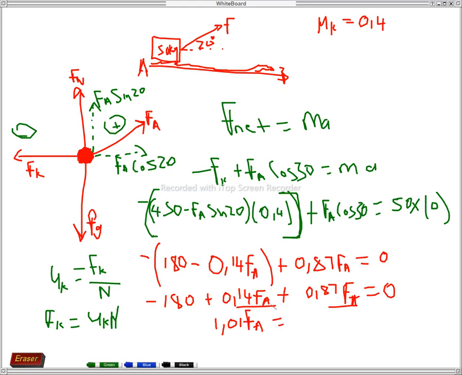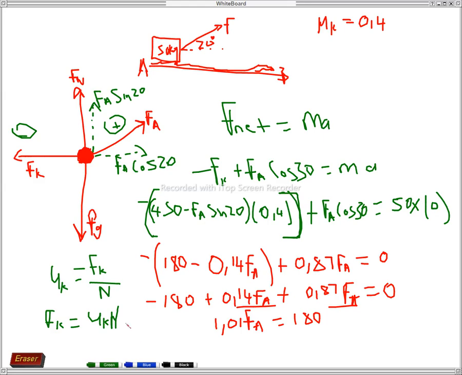You transpose that one to the other side, and it's going to be positive 180, and then you simply divide it by 1.01 there, and let me see your answer.